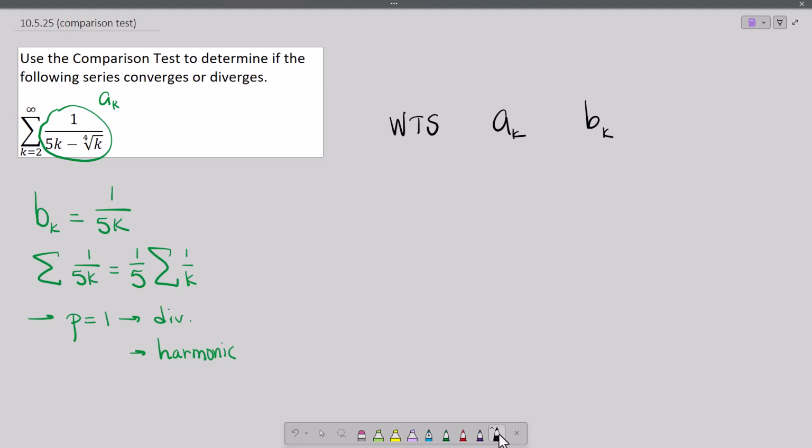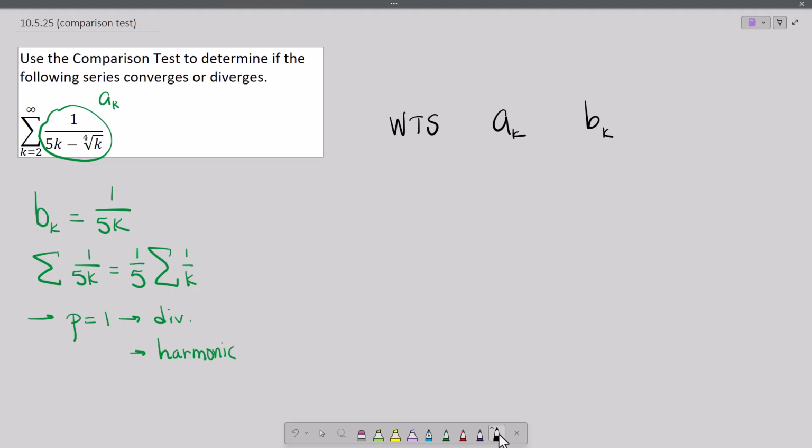We want b sub k to be less than a sub k. Do we agree with that? If the a's are bigger than the b's, the a's must diverge because bigger than diverging will diverge.